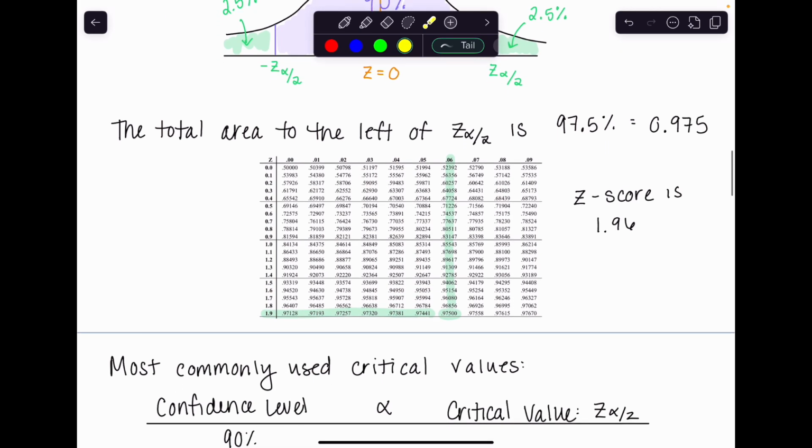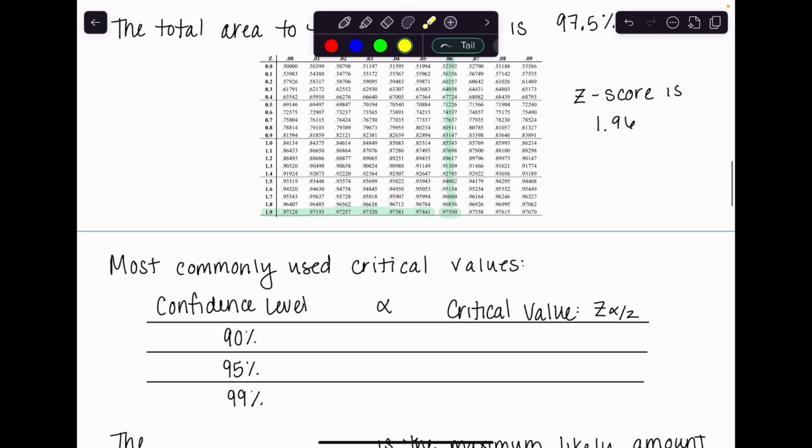So really we have a table of our most common used critical z values. So in the case that you have a 90% confidence level, your alpha is 10%. So 5% falls on either side. And again, that would mean you're looking at 0.95. So it's somewhere between 1.64 and 1.65. And if you use a better z table than this one, it would be 1.645.